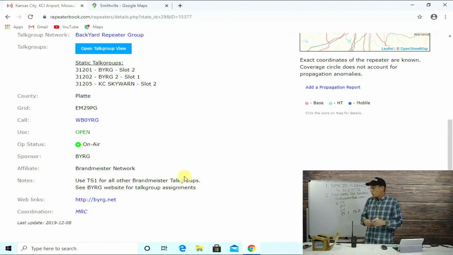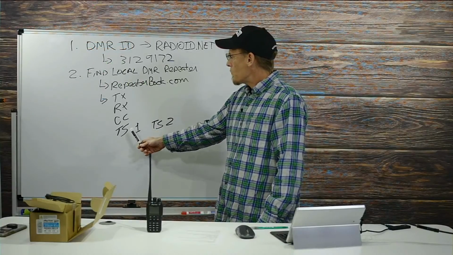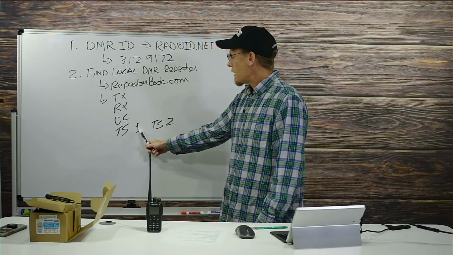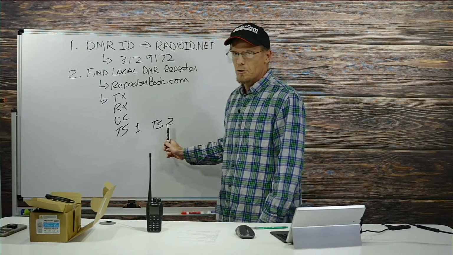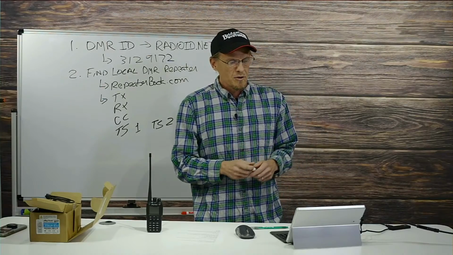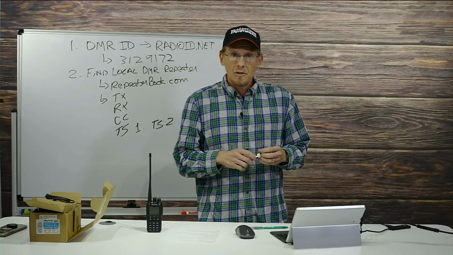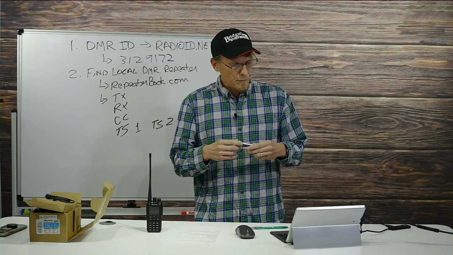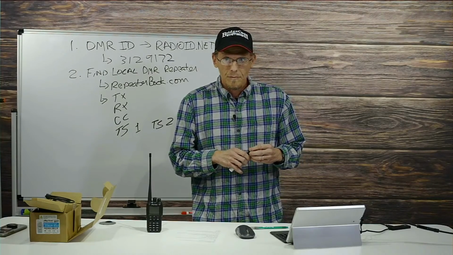So when we want to do something, we want to be on time slot 1. We don't want to use time slot 2. That's what they ask. And of course you can go to this website and they'll probably tell you the proper etiquette for those repeaters.